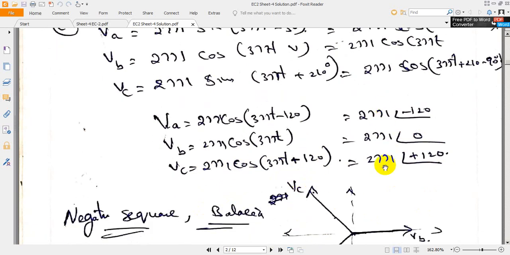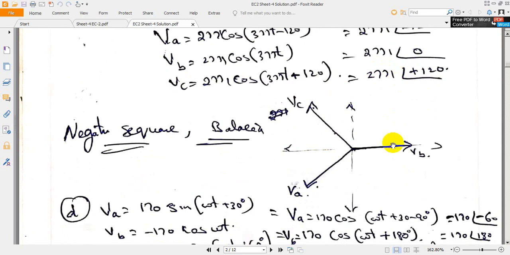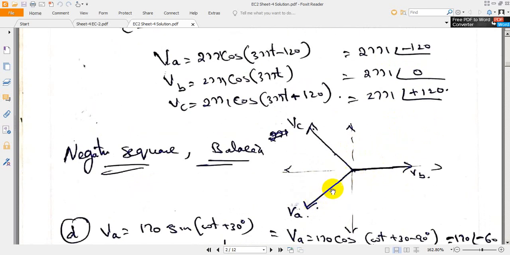Their magnitudes are same, but to check the phase difference between these vectors, we need to represent them on an xy plane. To start with, VA is minus 120. It means from the x-axis it will be in the negative direction, minus 90 minus 30, which is minus 120.